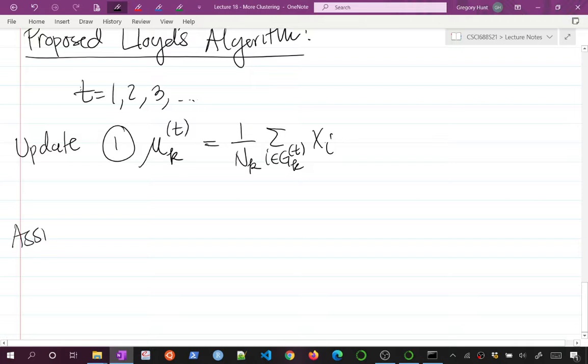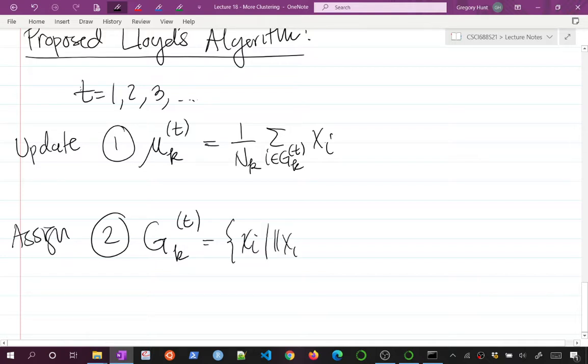And then we assign was our second step. The second step was we basically say that the kth group at time t is going to consist of all those xi where the distance of xi to mu k at time t, this mu k just calculated, as measured by our Euclidean distance, is less than or equal to the distance of xi to any other k prime at time t, for all possible other groups k prime.